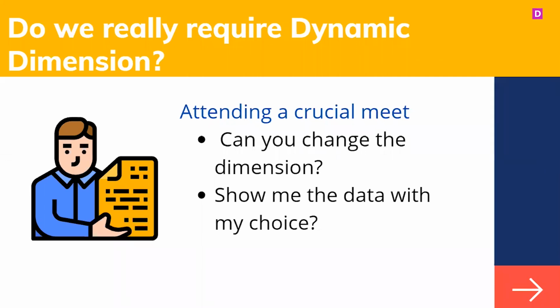And also another question that might be there in the mind is, do we really require a dynamic dimension? So when I try to answer this question, you could have got a point, what is the necessity of a dynamic dimension? So let's try to understand that first.